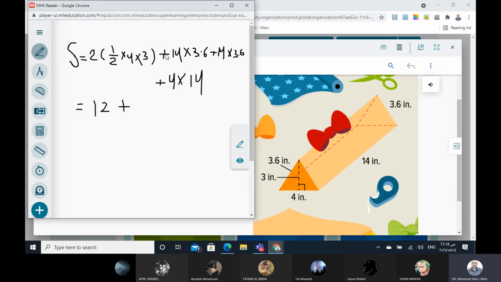The answer will be 50.4, and here 50.4. 50.4 plus 50.4 will be 100.8. Plus 4 times 14, the answer will be 56.